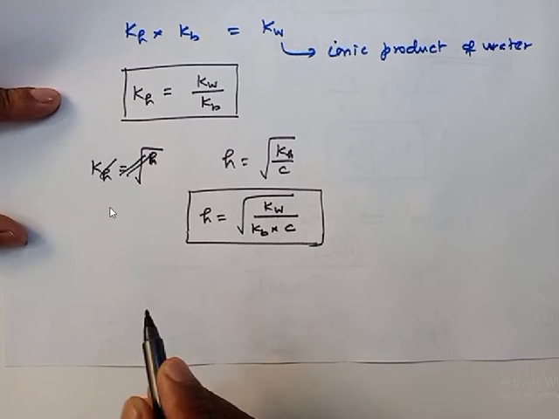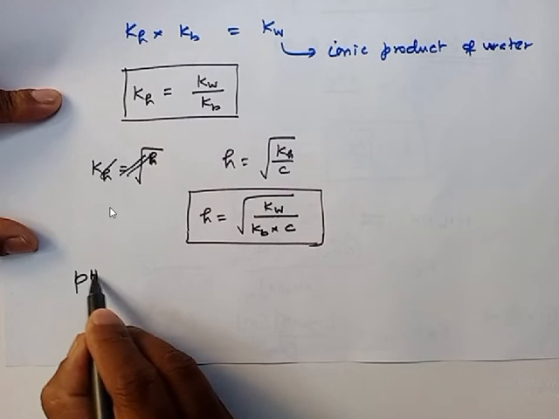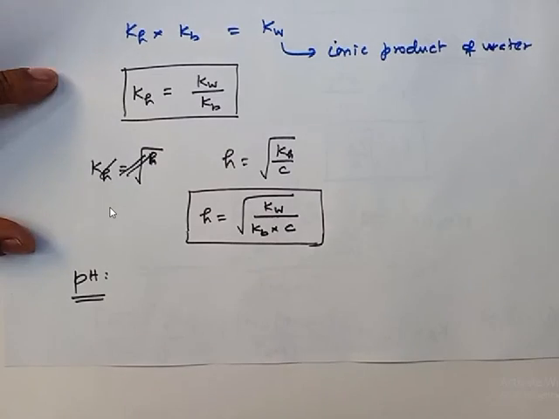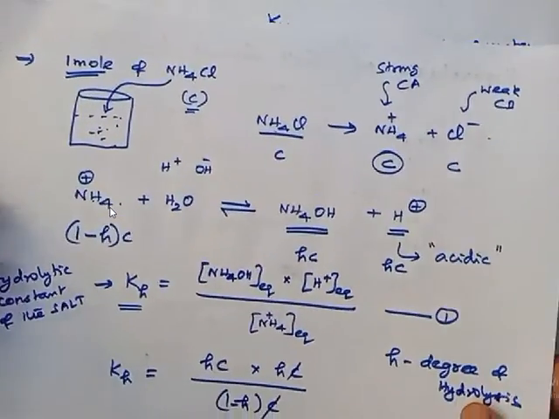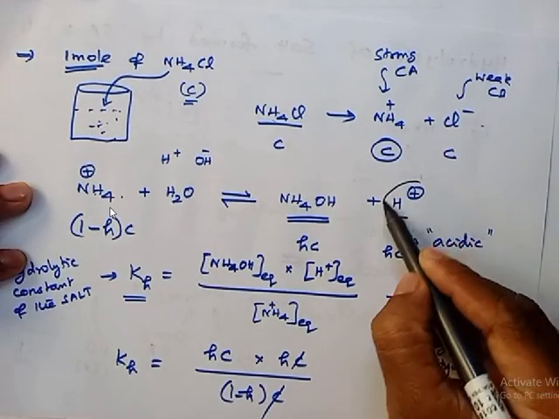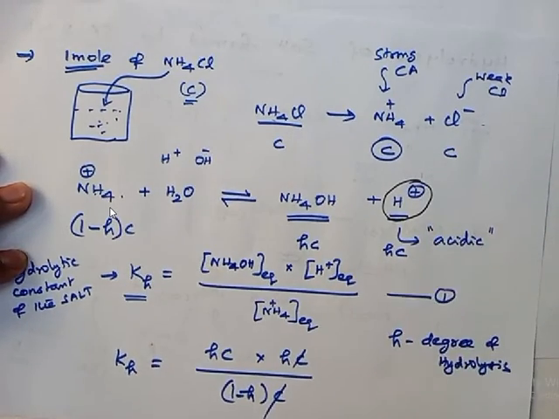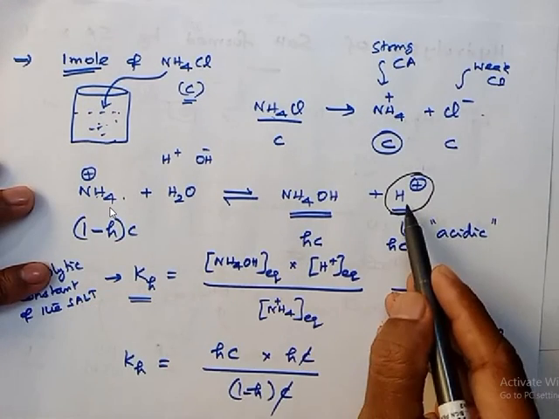Now how to calculate the pH of the solution? Very simple. The pH of this solution is due to the H plus ion produced. Because of this reaction you will get H plus ion.